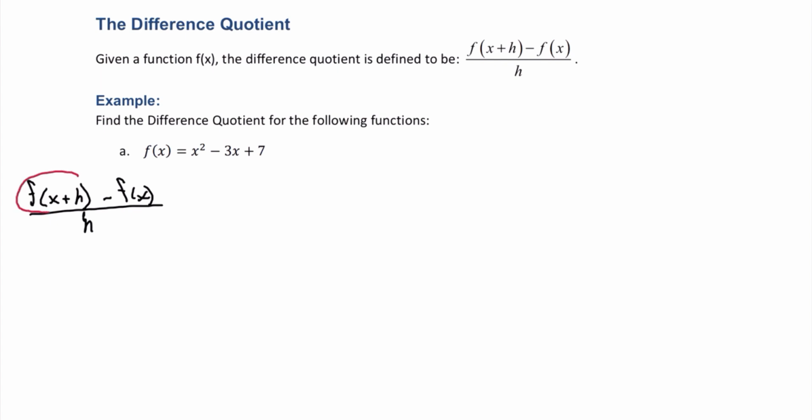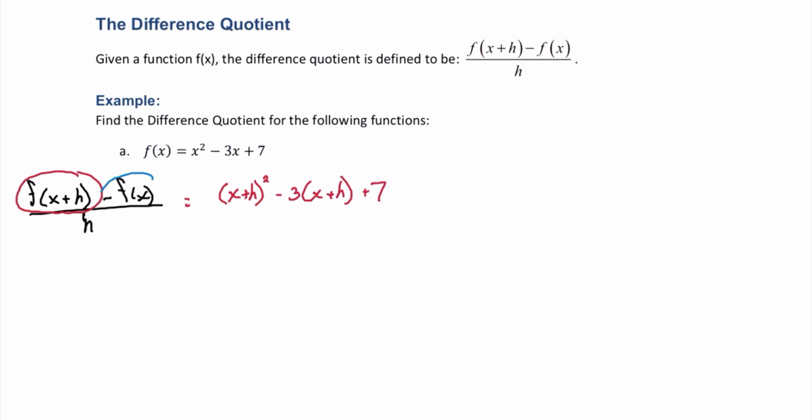First, f of x plus h. Recognize that that's just function notation. F of x plus h means that we're going to replace all of the x's in the original f function with x plus h. So we have x plus h squared minus 3 times x plus h plus 7.